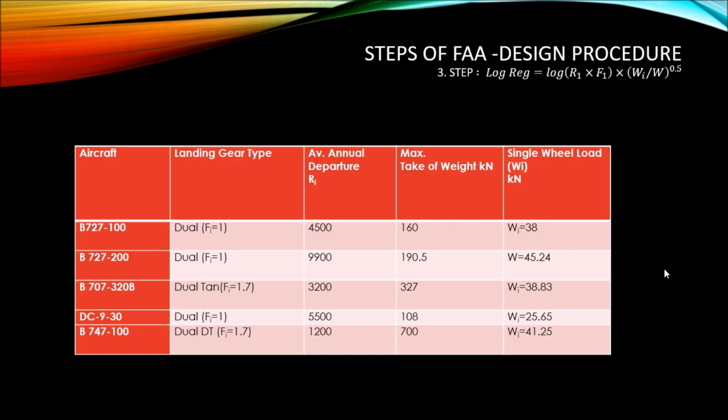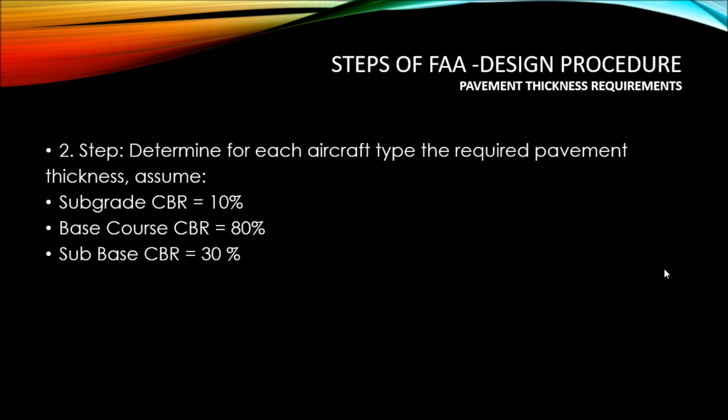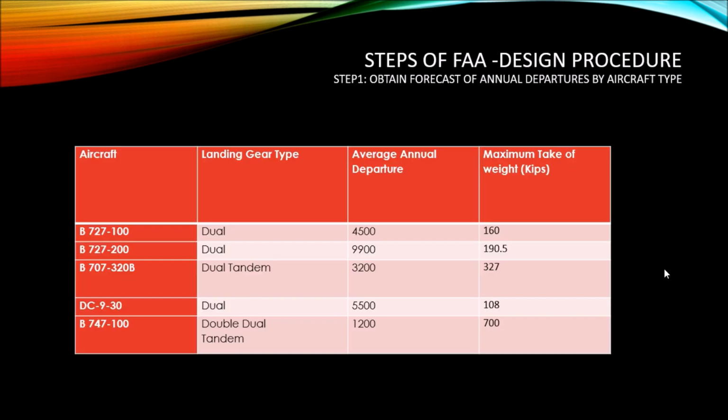This one is for single wheel. Let's look at the one for the dual type to see if we can pick it up from there. The first aircraft has an annual departure of 4,500 and 160,000 pounds, and it's a dual type.